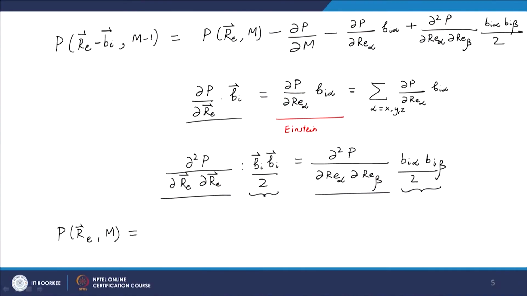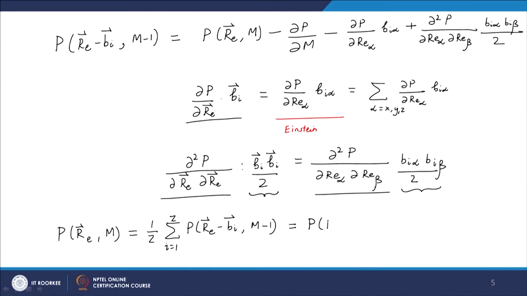So, what I am interested in is 1 by z sum from i equal to 1 to z of this particular quantity. Now, you can see the first term here, if I add it z times and I divide by z, what essentially I will have is the same thing, PREM. The same thing applies for the second term here.